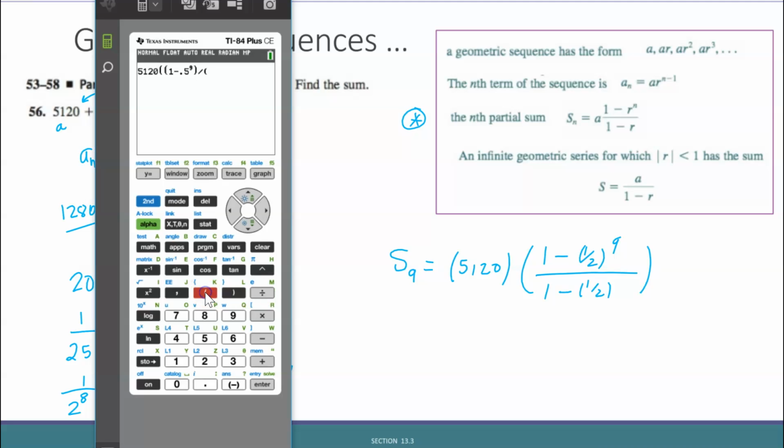We need another set of parentheses for the denominator, which is 1 minus 0.5, and then a parenthesis for the whole thing. Just in case, I'm going to end this with answer in fraction. Didn't need it, but that's okay. Our sum of the first 9 terms is 10,220.